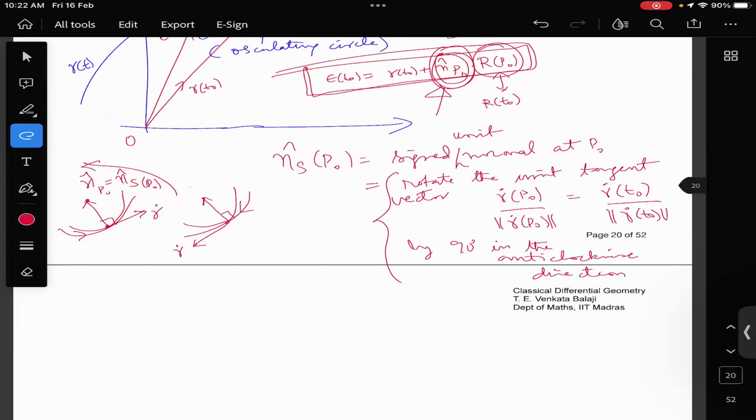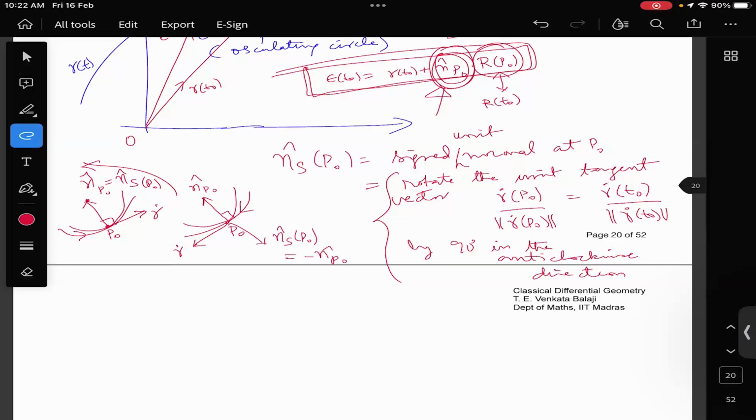So this will be your n p naught hat, and this point is p naught. And what is the signed unit normal? I have to rotate the unit tangent 90 degrees, so it will come the other side. You will get the ns hat p naught on the other side, and you see that this is now minus of n p naught hat.